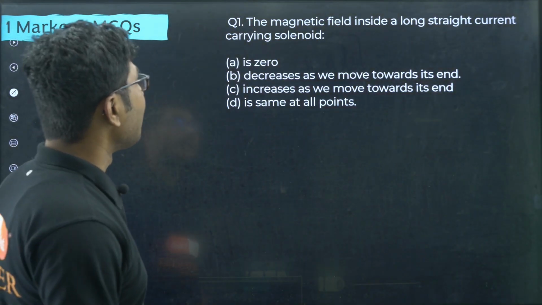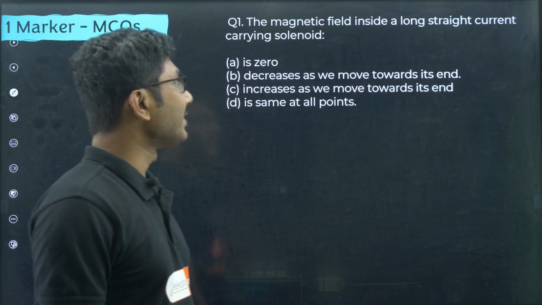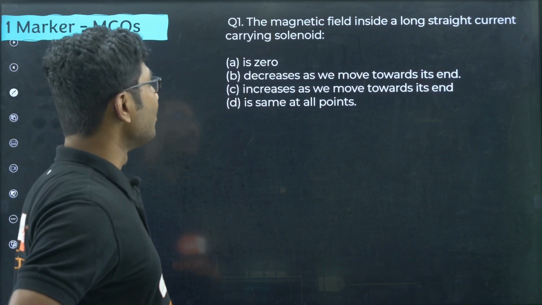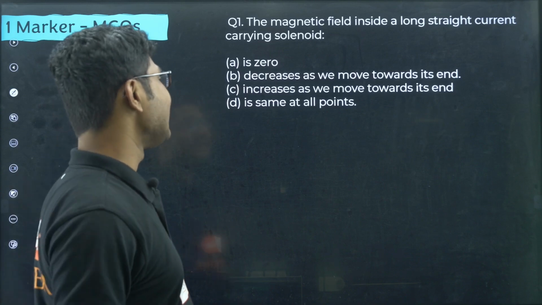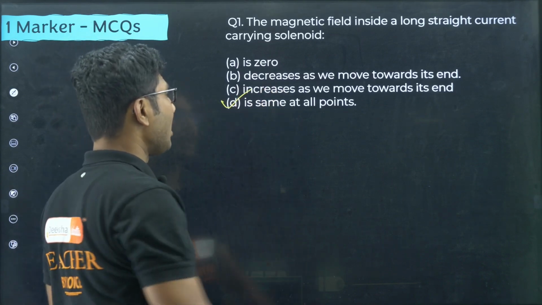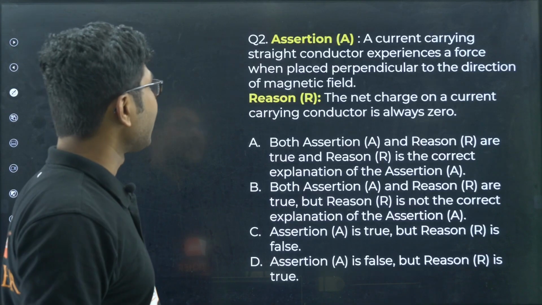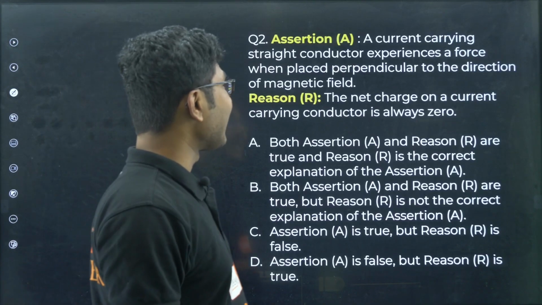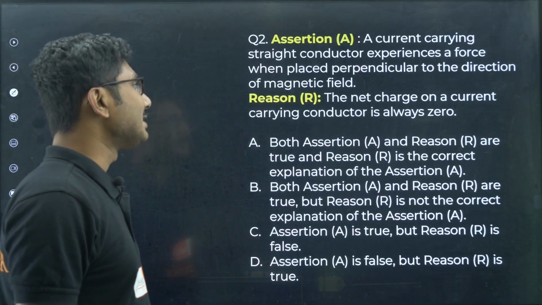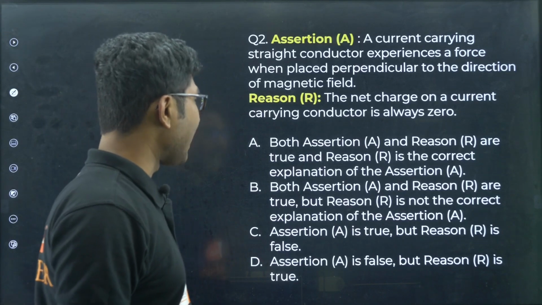First question: the magnetic field inside a long straight current carrying solenoid is 0, decreases as we move towards its end, increases as we move towards its end, or is the same at all points. It is the same at all points. Next question: assertion reason based question. A current carrying straight conductor experiences a force when placed perpendicular to the direction of magnetic field.